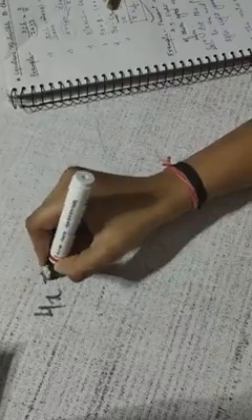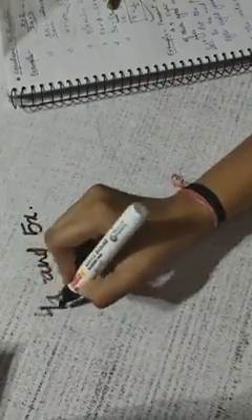So, since the ages are given in ratio, let us suppose their present ages are 4x and 5x. Okay.